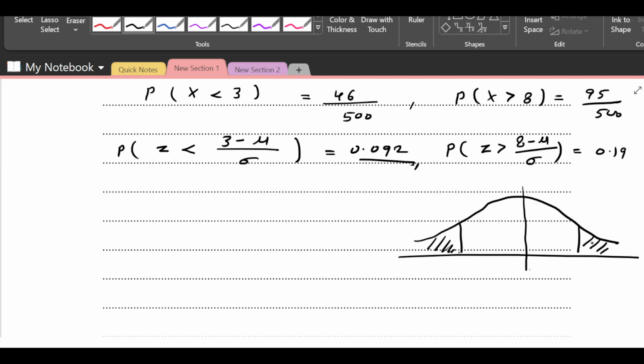This probability is given as 0.19, and this probability is given as 0.092.